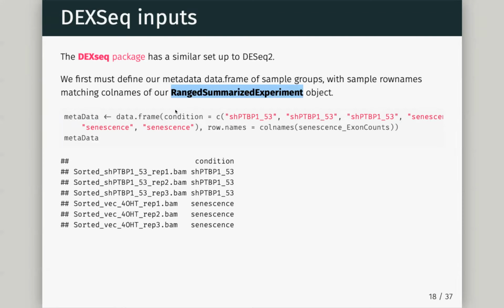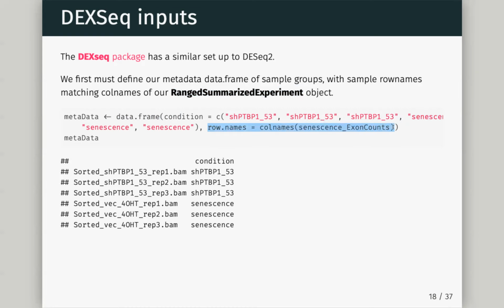So what are our actual groups here? To do that, we'll create a data frame and assign a condition. We had two siRNAs in the experiment. This is just one of the siRNAs, PTB1. And then our other experiment is senescence. So this is senescence plus this siRNA, and this is just senescence.